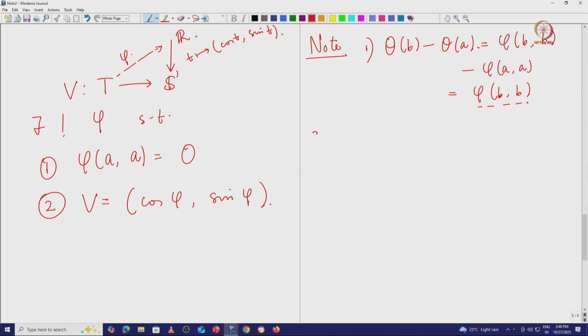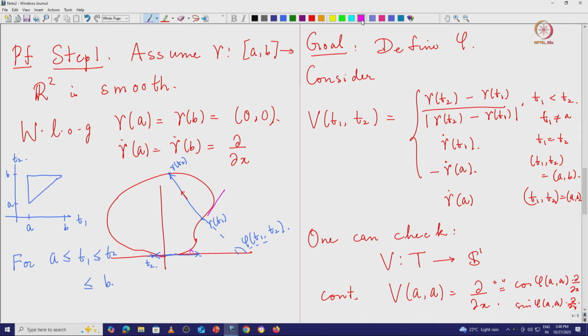Okay. The second point is, let us look at the values of phi of (a, t2). So if you go back to our picture, if you take any gamma of t2, phi of (a, t2) is basically the angle that the secant line from gamma of a to gamma of t2 makes with the x axis.